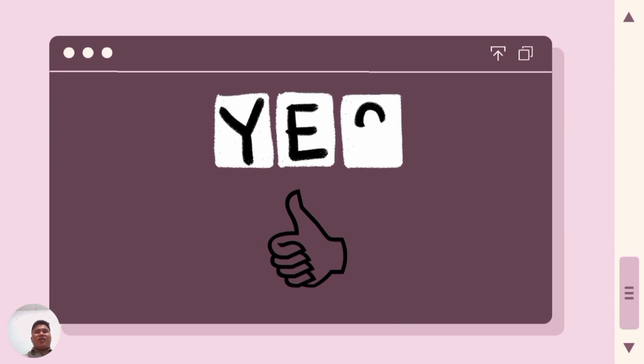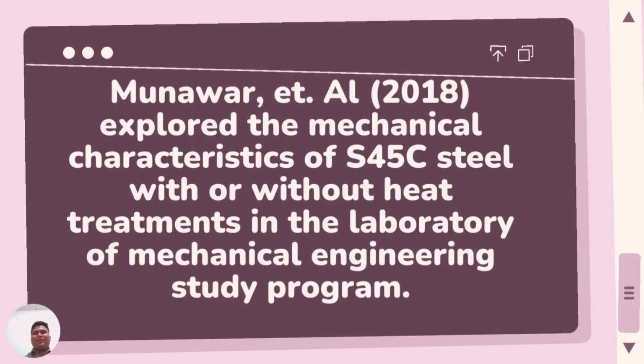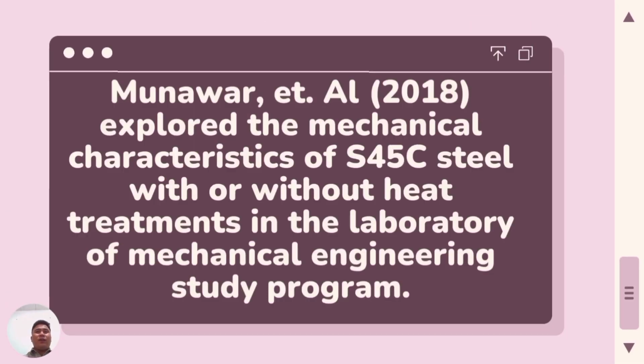You may find sources in relation to welding skills and how to perform the different skills in welding. Here are some examples that may be included in your review of related literature. Munawar et al. of 2018 explored the mechanical characteristic of S45C steel with or without heat treatment in the Laboratory of Mechanical Engineering study program.